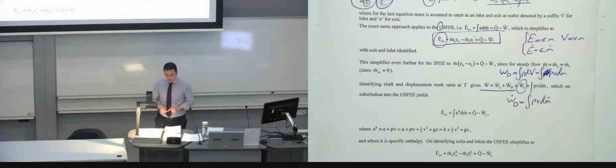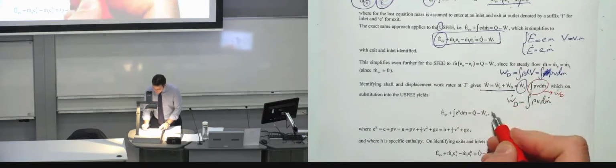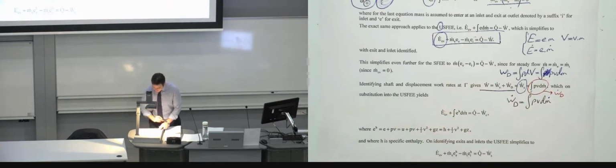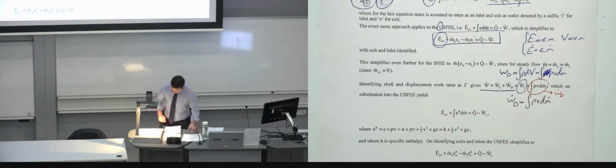Now, what I want to do is move this term, which by now you know represents W dot D, to the left-hand side of the equation. And what I mean by left-hand side, I mean the left-hand side of this equation here. So if I do that, let's just write this on a piece of paper.